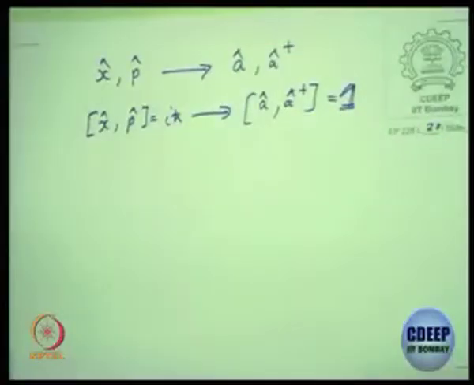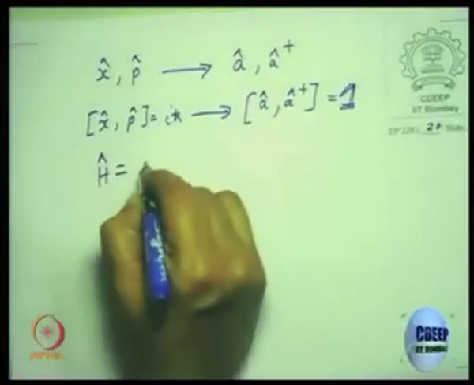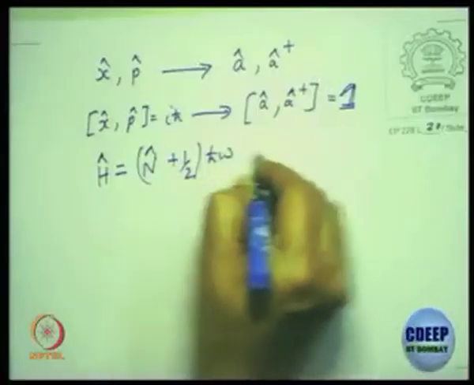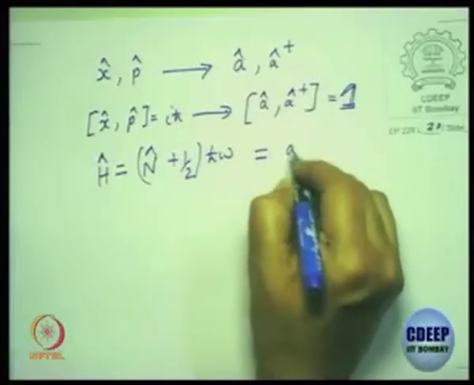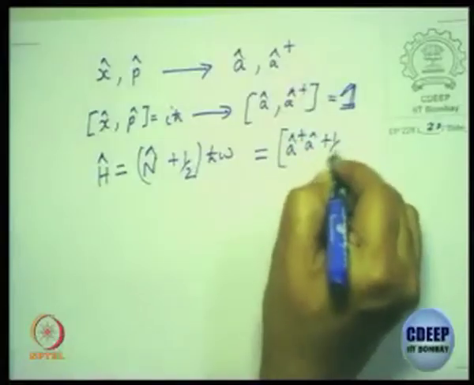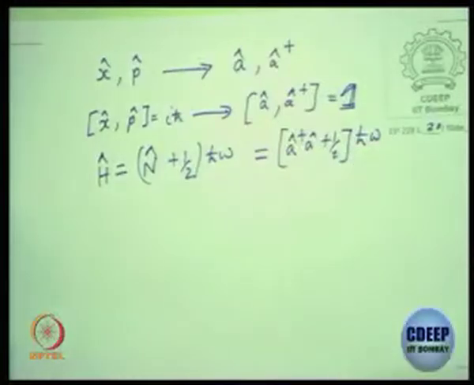Then we used that we can write our Hamiltonian as n operator plus half times h cross omega, where n operator is nothing but a dagger a.